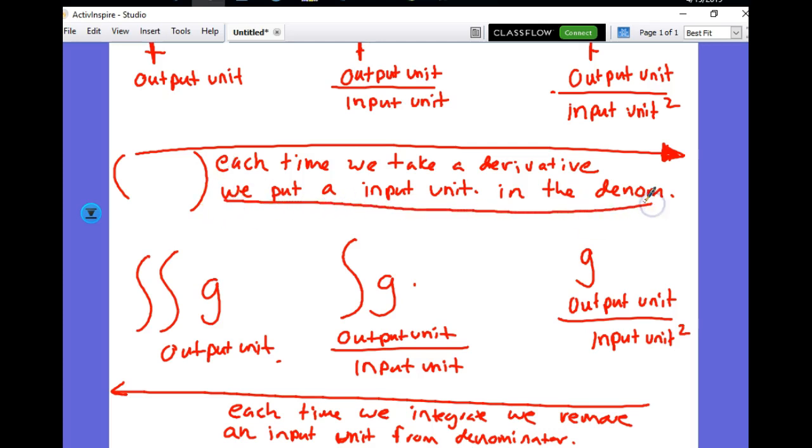So this sentence here, we put an input unit in the denominator. What that means is divide by an input unit. Over here then, if we're removing an input unit from the denominator, we're multiplying by an input unit.